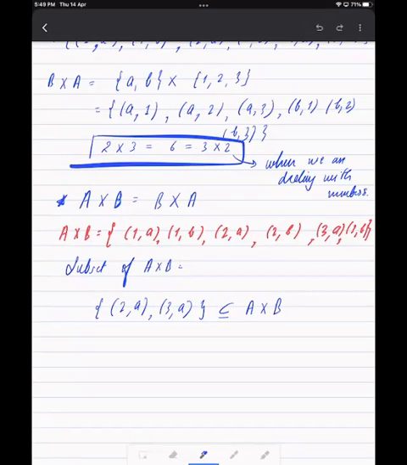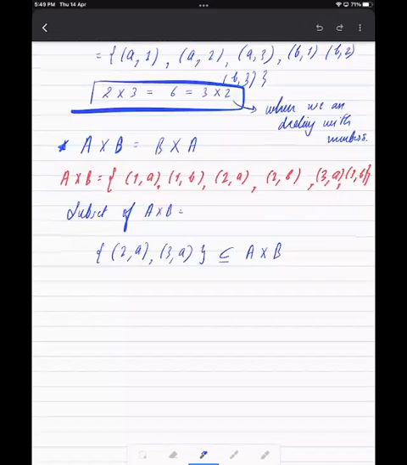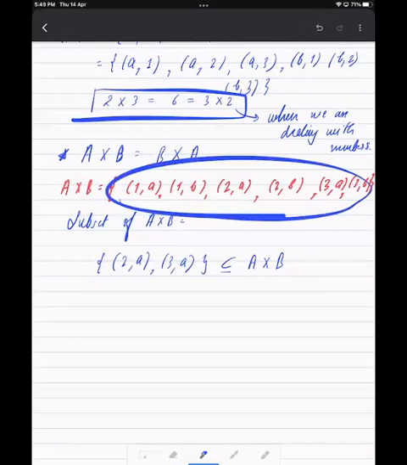Again, my question is, how many subsets? I have just written the formula here. If the number of elements in A is n, then the number of subsets of A is 2 to the power n, which means here we need the number of elements in A cross B. Now count the number of elements. Please keep in mind that this is 1 element, okay? This is not 2 elements.